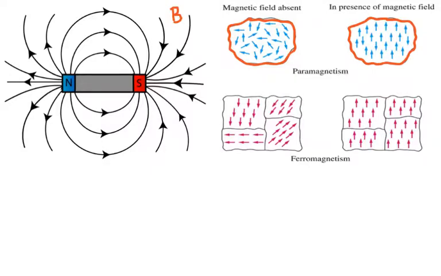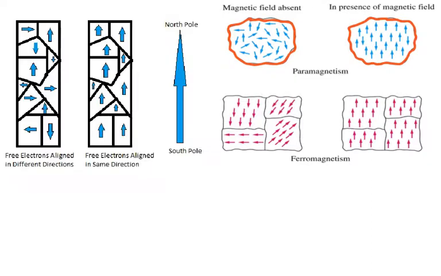So permanent magnets have spins in the same direction. So here is another example. Three electrons aligned in different directions in a non-magnetic material. And in the magnetized material, or inside of the magnet, the three electrons are arranged in the same direction. And that makes it from south to North Pole.